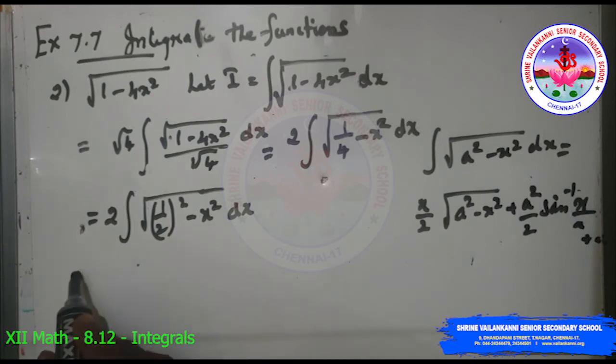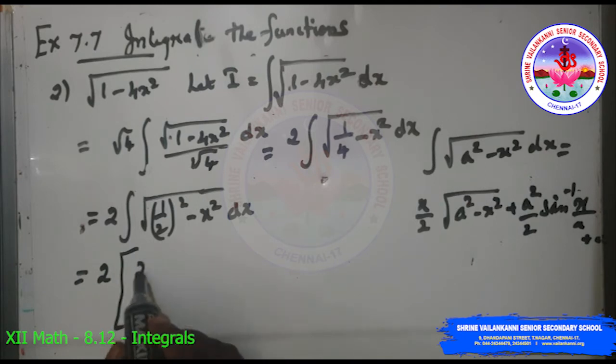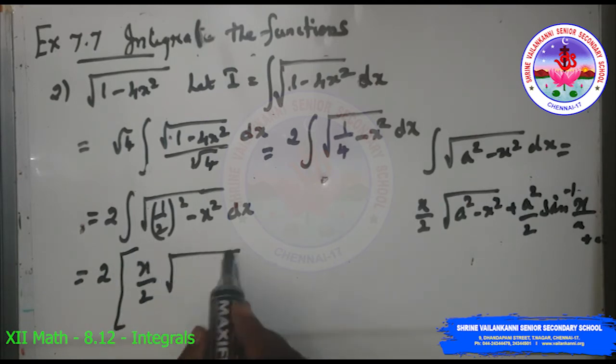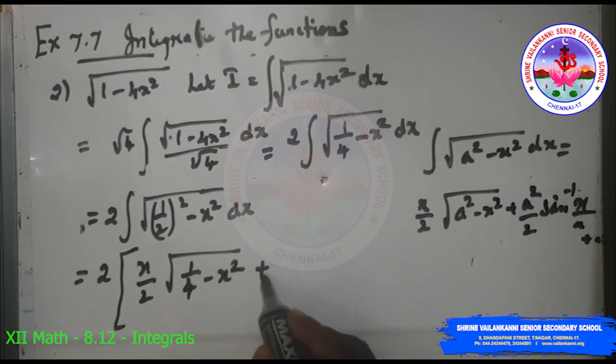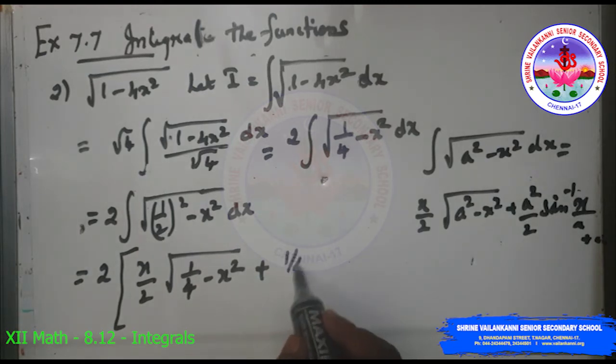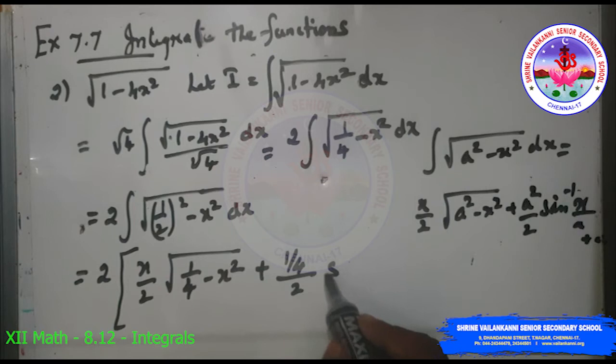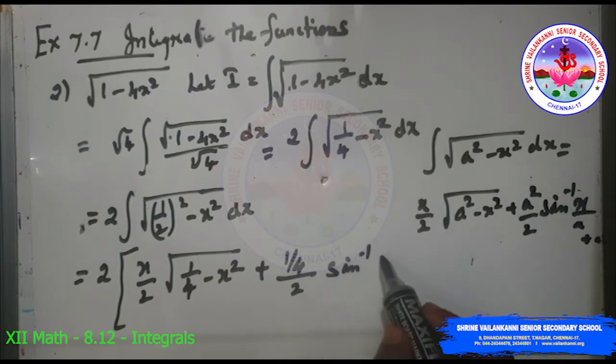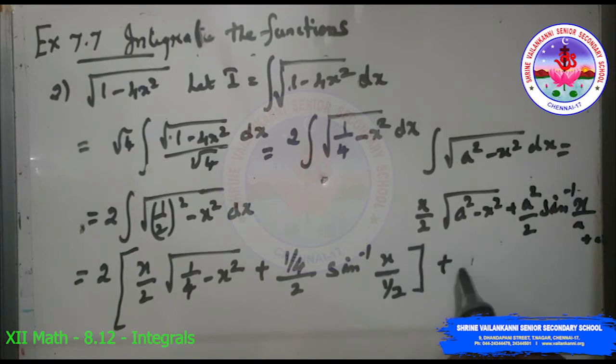So we are writing this as 2 into x by 2 root of 1 by 4 minus x square plus a square by 2. A square is 1 by 4. So 1 by 4 by 2 sine inverse of x by a, where x is x and a is half, plus c.